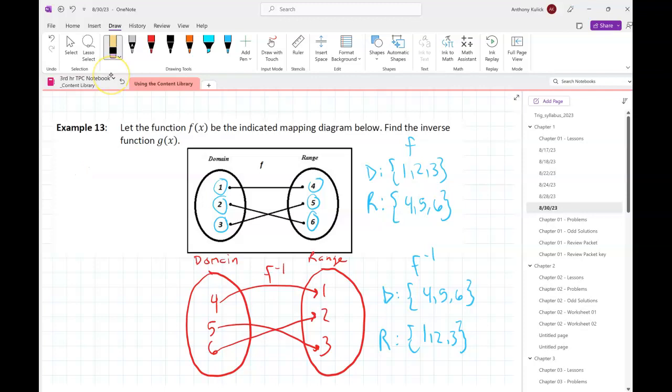Is f onto? All I'm going to do is look at the range. Are all the ranges used? Then f is onto. Is f one-to-one? Yes. Why? Because each range is used by exactly one domain. What can we say then about f? Good.